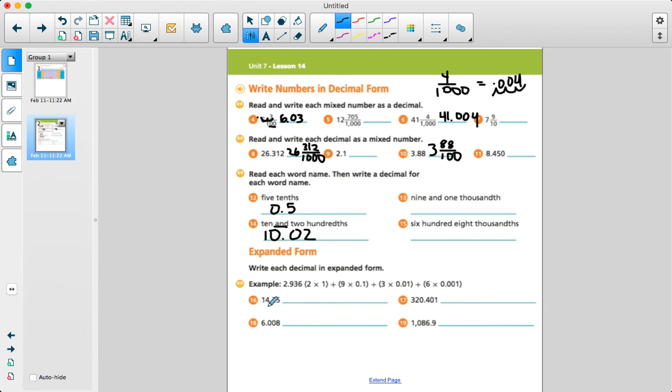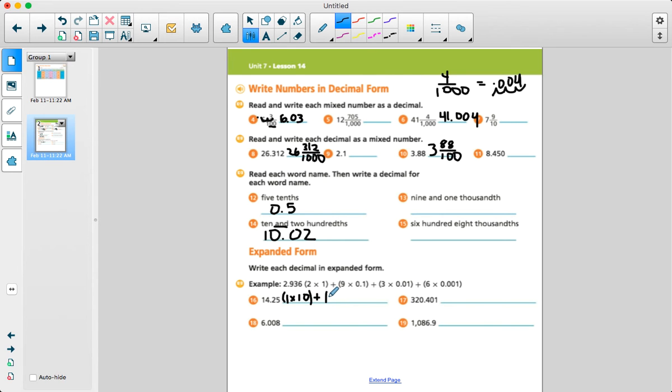So if I was going to do this number here, I would start off by saying 1, and I might run out of room in here. That's okay. 1 times 10, because that 1 is in the tens spot, plus that 4, if you look at it carefully, it's in the 1 spot.